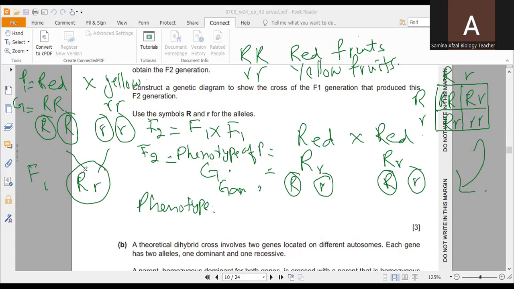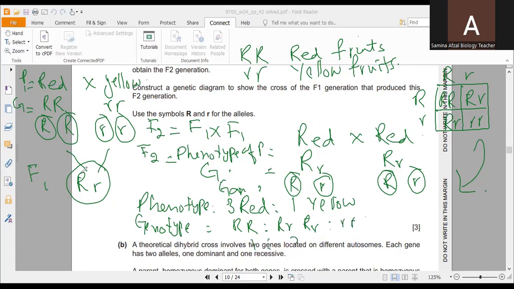They will be 3 red to 1 yellow. And the genotype ratio is 1:2:1.